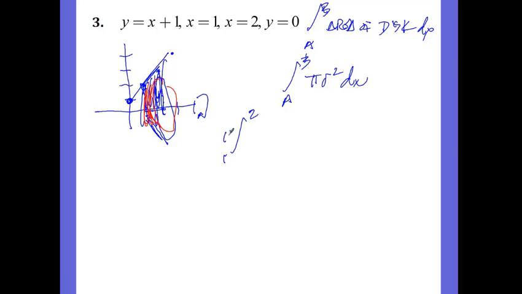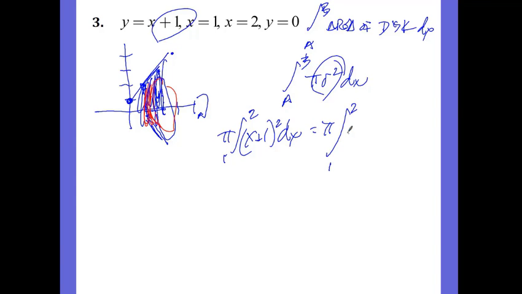And pi we can put outside here, and our radius is defined by the function x plus 1, so it's x plus 1 squared, which once again we have to FOIL out. And once we FOIL that out, you get x squared plus 2x plus 1.